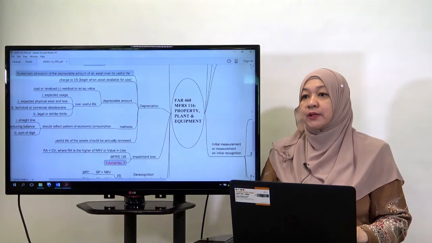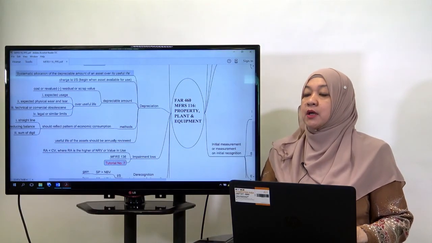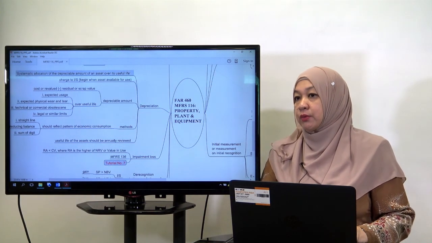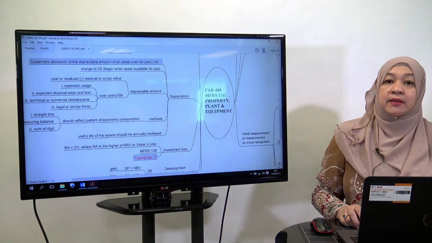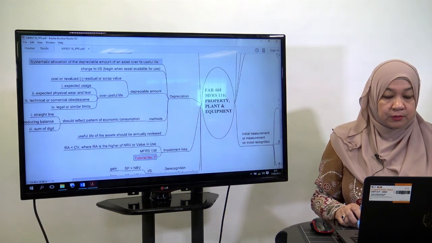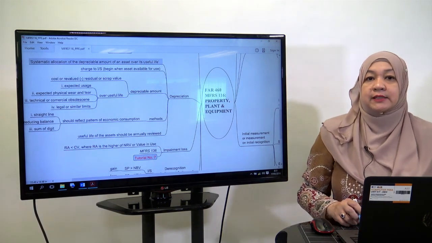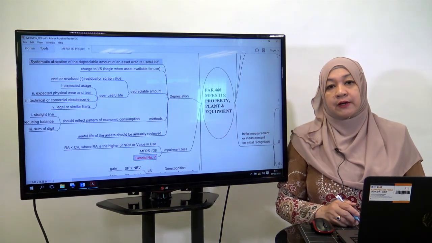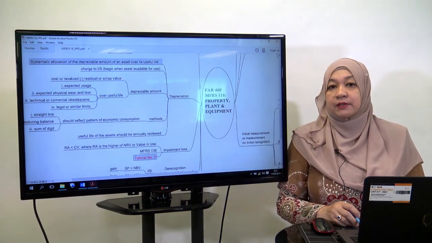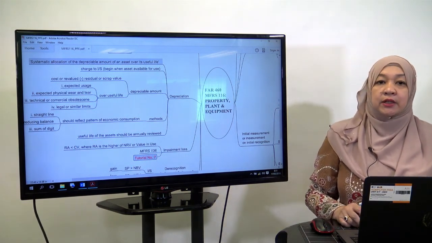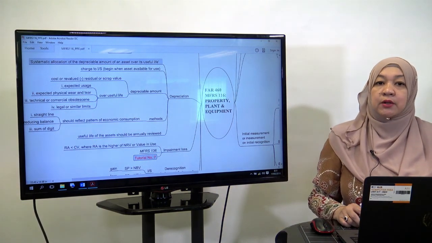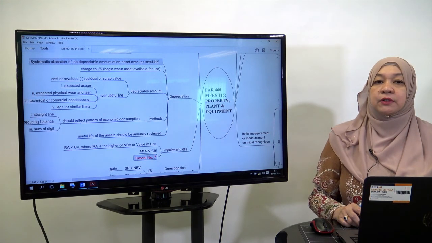Now how do we determine the depreciable amount? The first thing that we need to know when we want to determine the depreciable amount is whether the motor vehicle or the asset has a scrap value. So what does it mean by scrap value? The scrap value is the amount that we are going to obtain upon completing the useful life.